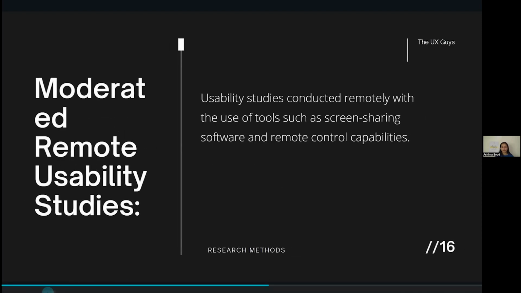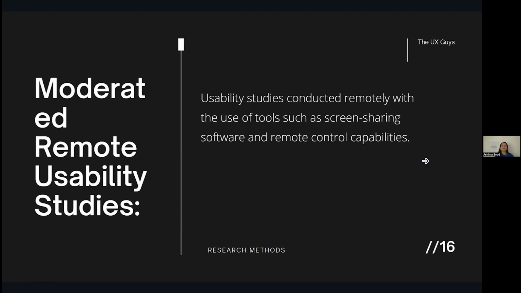Then we have moderated remote usability studies, which again, is fairly straightforward. It's just a long name, but it's essentially when usability studies are conducted remotely with the use of tools such as screen sharing, software, and remote control capabilities.